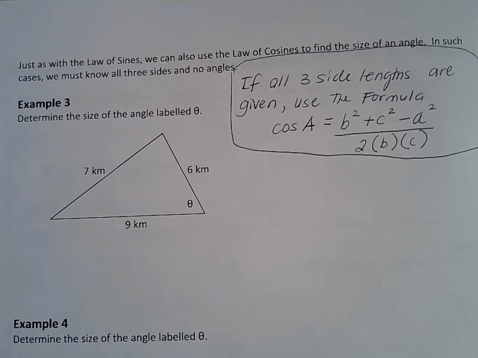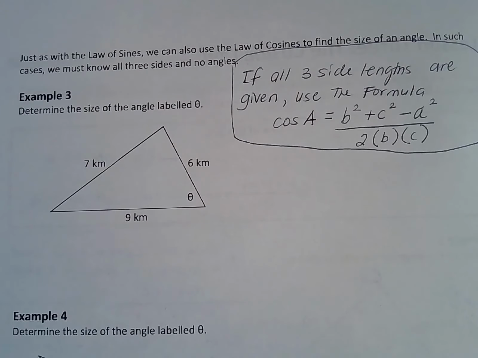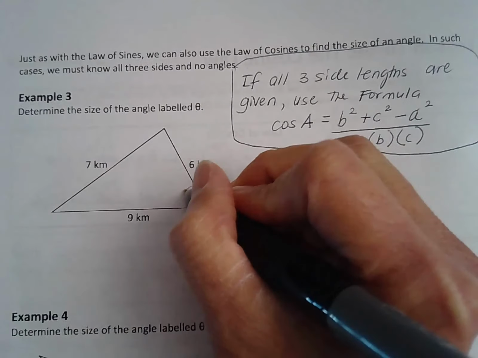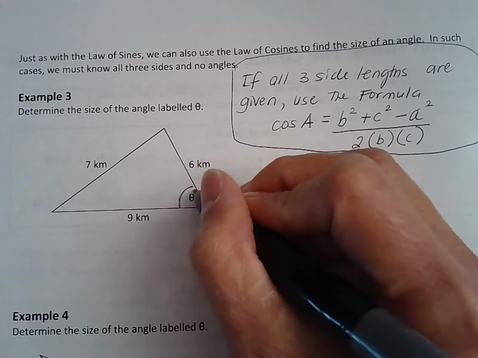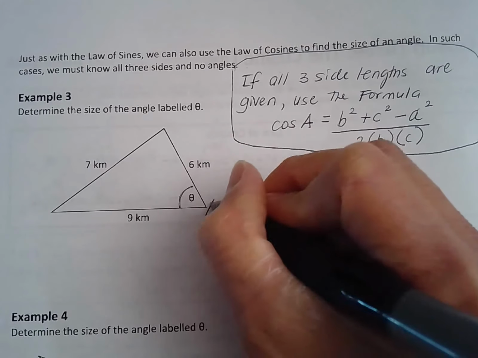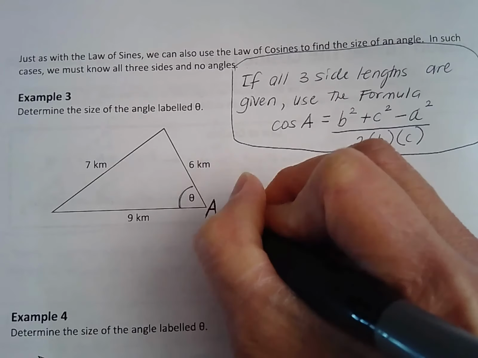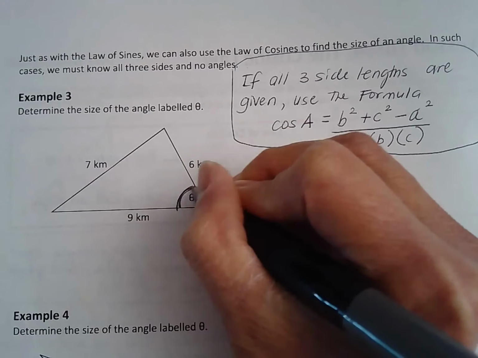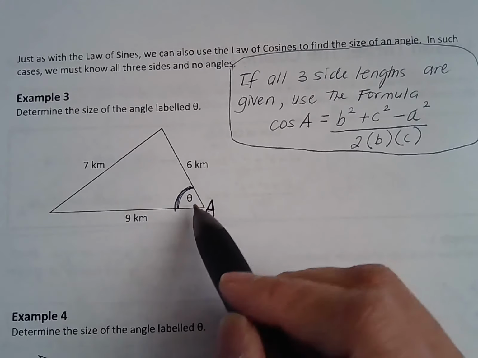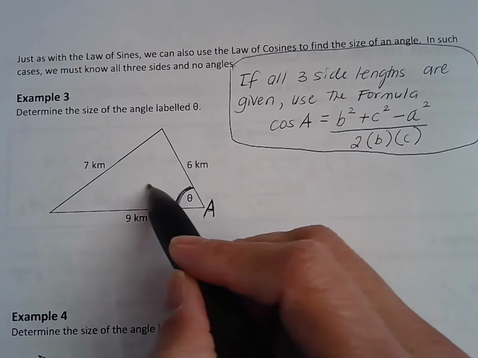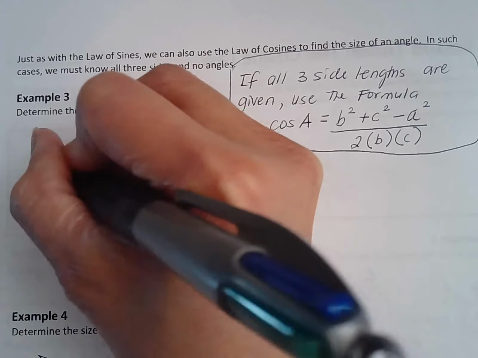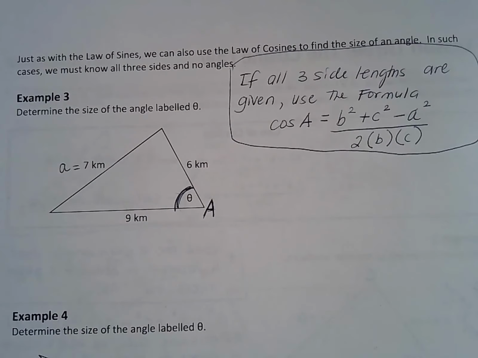Now, let's see. We're going to look for angle A, solving for angle A. The way we set up is that if this is the angle that we're looking for, this angle theta, we're going to call that angle A. So if this is angle A, automatically the opposite side to that is our little a, side a.